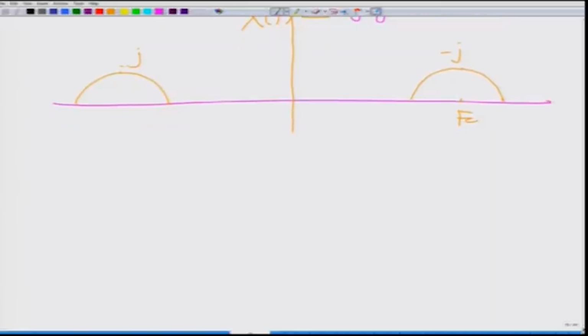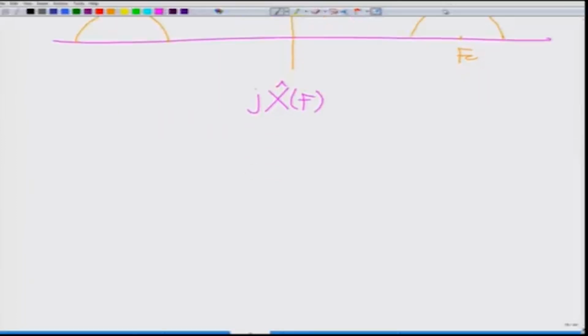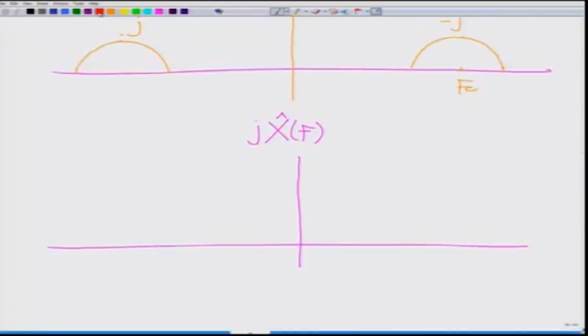Now, consider j times x hat of f. That is going to multiply the spectrum of x hat of f by j, which means the positive side band, which is already multiplied by minus j, will be multiplied by j. So, minus j into j will give a scaling of 1.